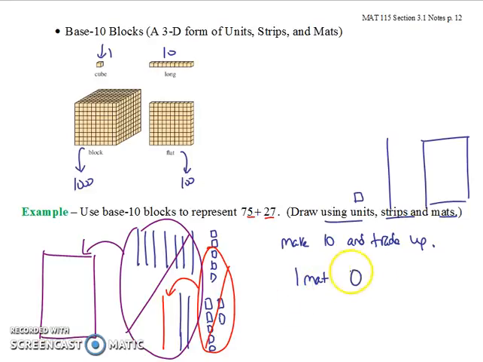I end up with 0 strips. And I end up with 2 units to give me the number 102. And that's how you can use these base 10 blocks, or in our case, unit strips and mats, to represent the number 75 plus 27.